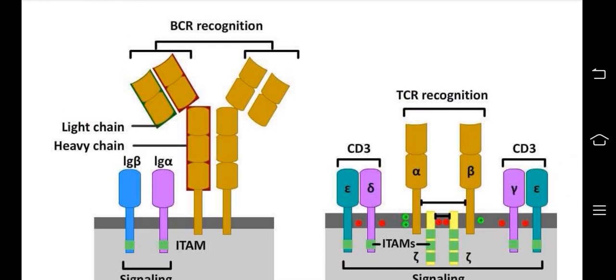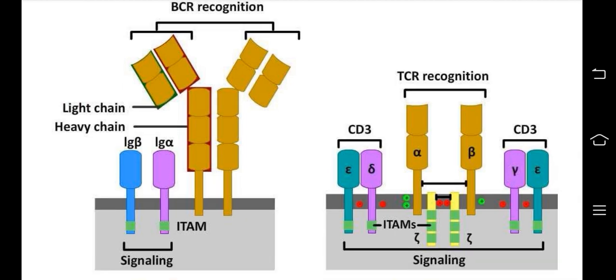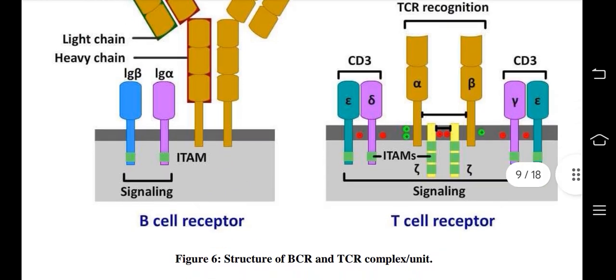BCR recognition: light chain, heavy chain, Ig beta, Ig alpha, ITAM signaling. Then TCR recognition: CD3, alpha, beta, epsilon, delta, gamma, ITAM signaling. This is the T cell receptor.